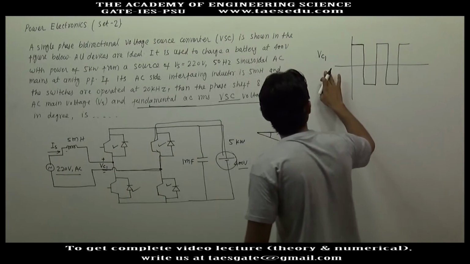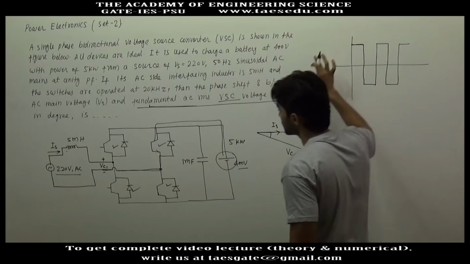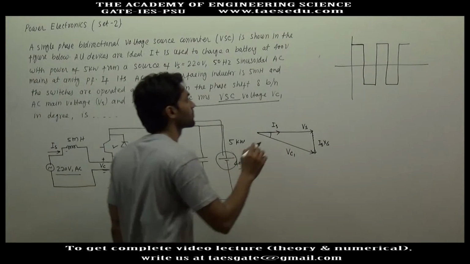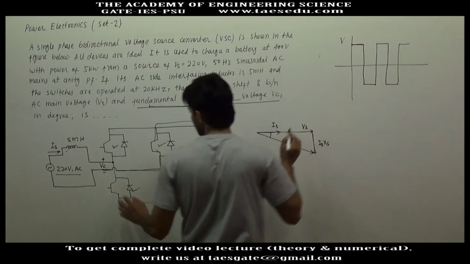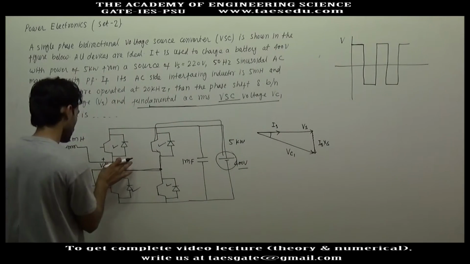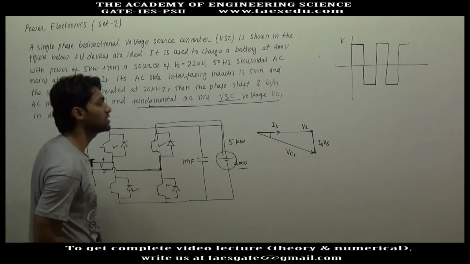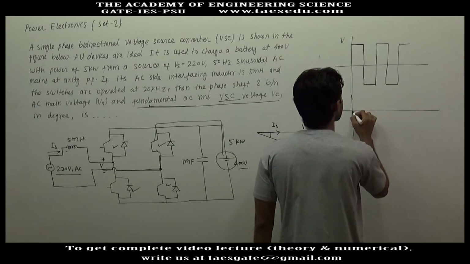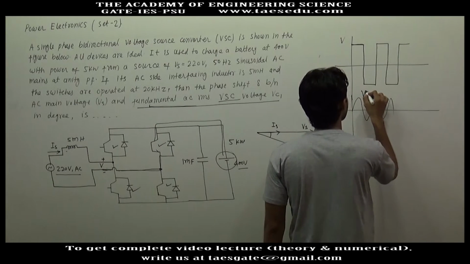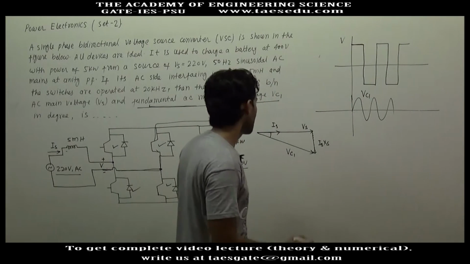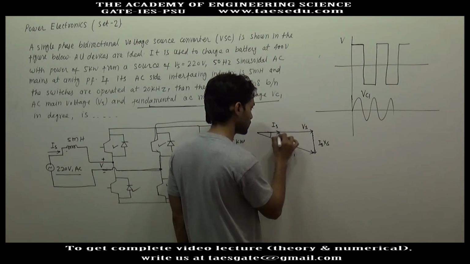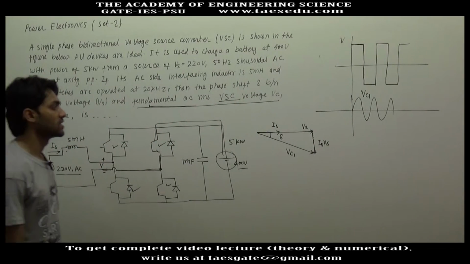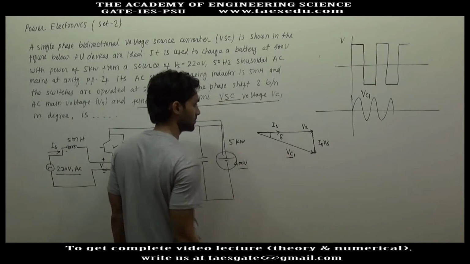This is not actually Vc1; let's say this voltage is Vc or V, and the fundamental component of this voltage will be Vc1. If you take the Fourier series, there will be some fundamental component. So we have to find out the angle delta between the source voltage and the fundamental component of this voltage, which is named Vc1.